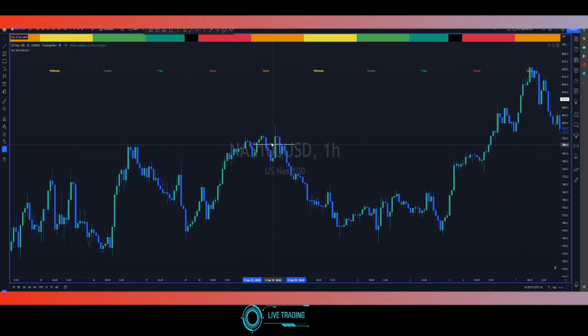So Tuesday, midnight. That's the open. Price kind of hangs out around it. Ooh, so price hangs out around it, and then it uses it as resistance before breaking here.